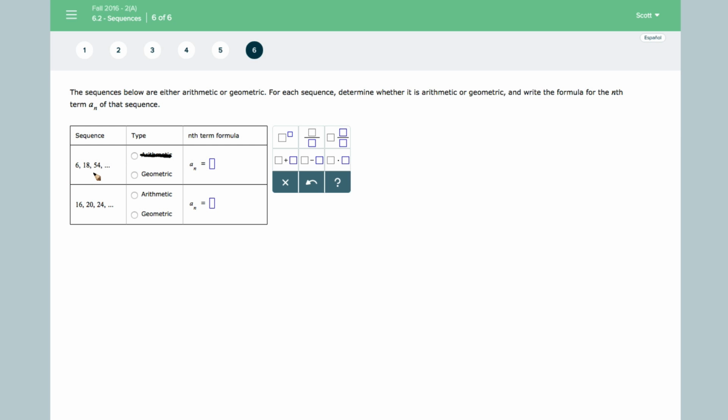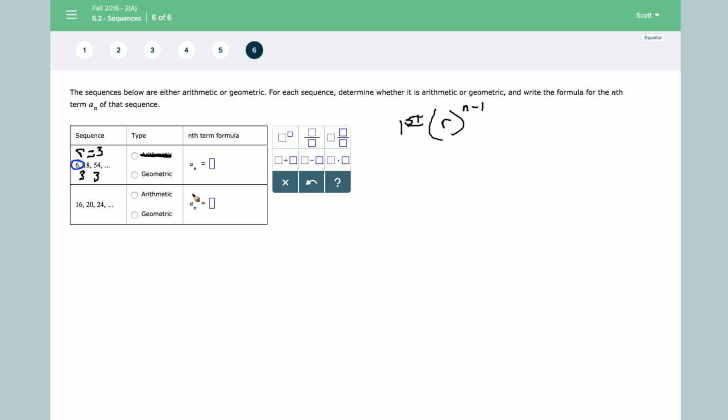So let's find out what the ratio is. 18 divided by 6 is 3. 54 divided by 18 is 3. So my common ratio is 3, and my first term is 6. And that means I do the first term times the ratio to the n minus 1, just like that.